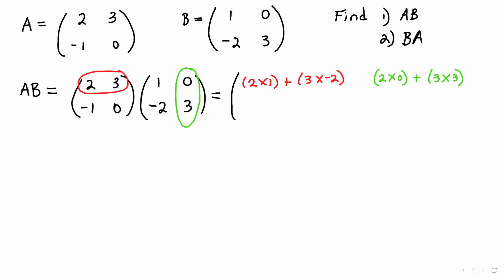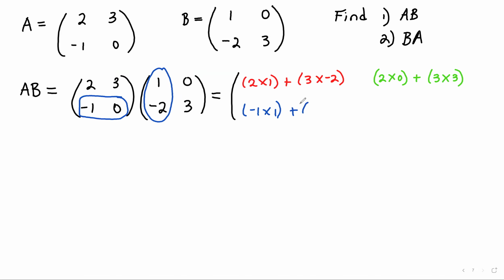Now for the other one, we have row 2, column 1. So this is row 2 by column 1 we're looking at now. So it'll be negative 1 times 1 plus 0 times negative 2. All right.